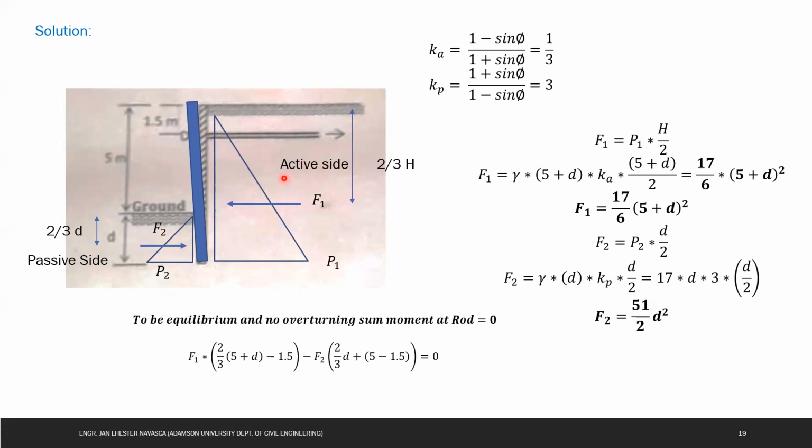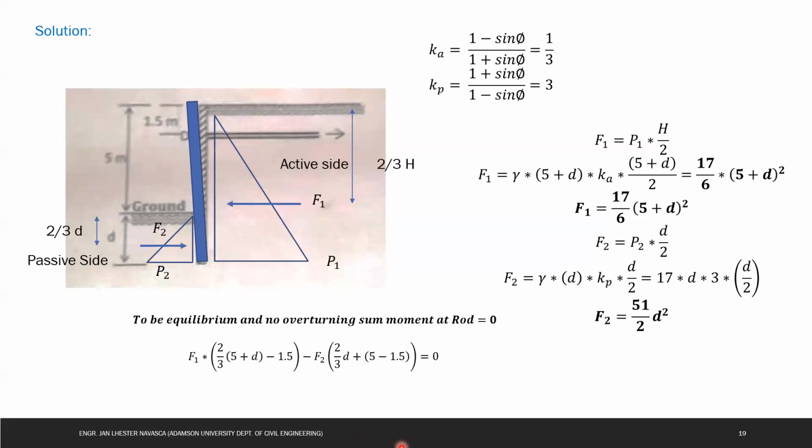So your H is 5 plus D. So this will be the distance of F sub 1 to the tension rod. Then the distance of F sub 2 to the tension rod: this is 2/3 D, and that is the distance of this ground to the tension rod, which is 5 minus 1.5. So that is the distance of F sub 2 to the tension rod.